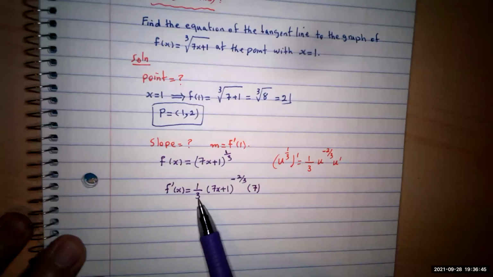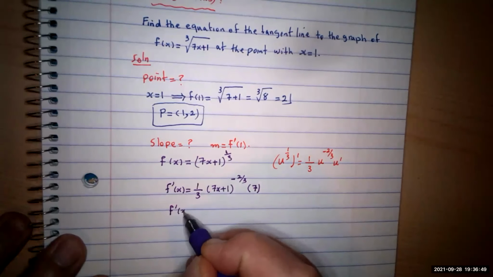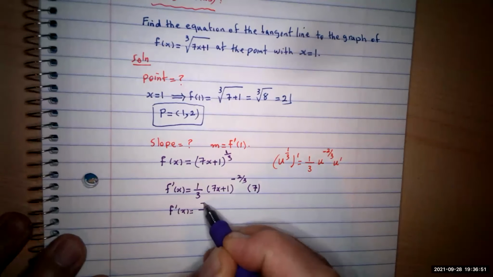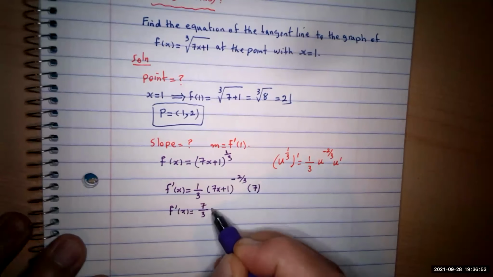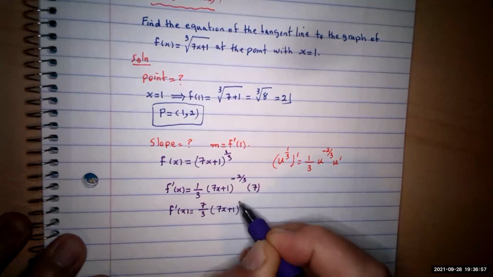Now we multiply these two numbers together. So your f prime of x is going to be equal to 7/3 times 7x plus 1 to the negative 2/3. Okay.